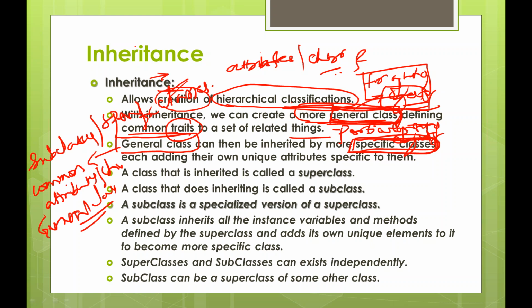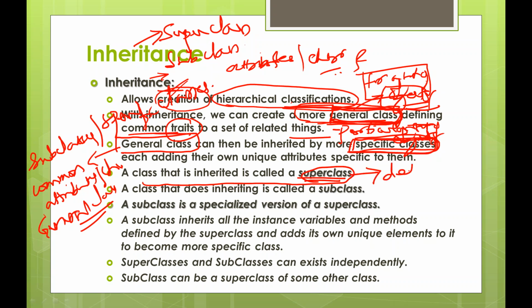There are two terms associated with this with respect to classes: one is superclass and another is subclass. What is a superclass? A class that is inherited is called a superclass. That is a class which defines general attributes.